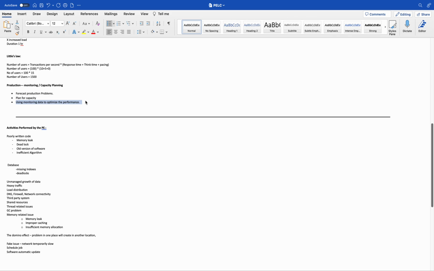In terms of the monitoring metrics, collecting the data, we can say employ monitoring tools to gather the data on various aspects of the system, including the resource utilization, response times, error rate, and other relevant metrics. And in real-time monitoring, continuously monitor the system in real time to capture the fluctuations and the trends.